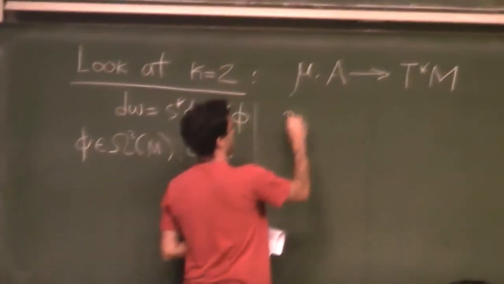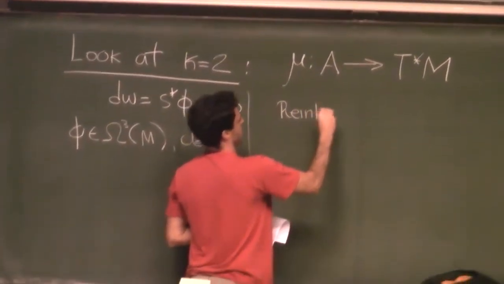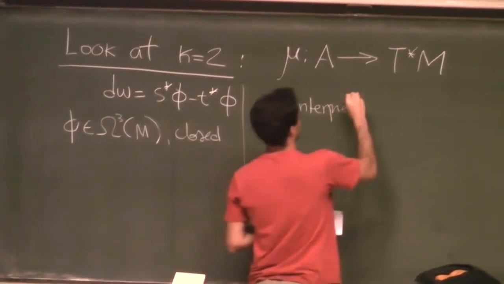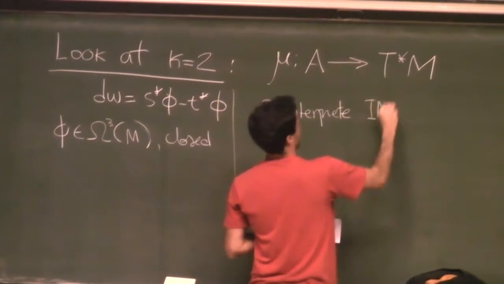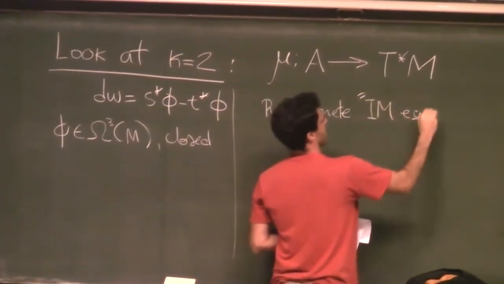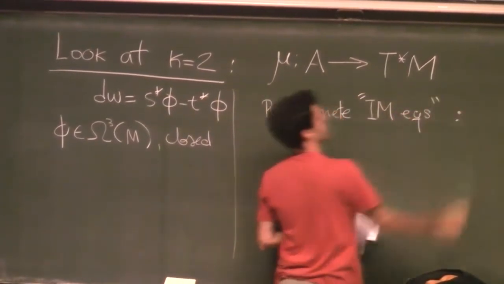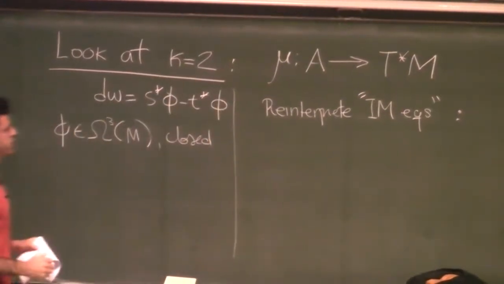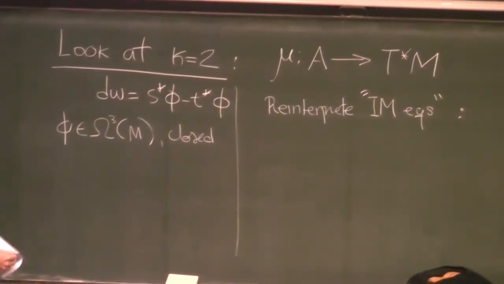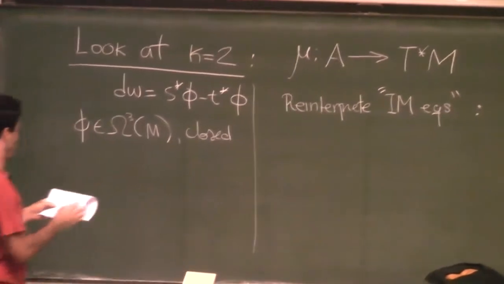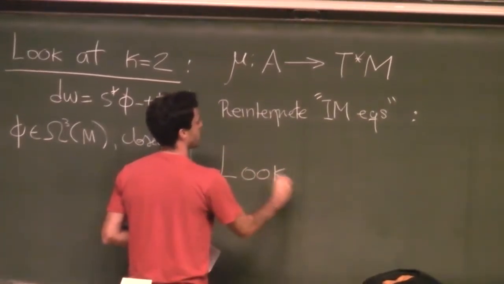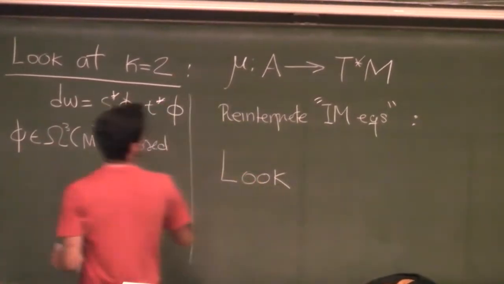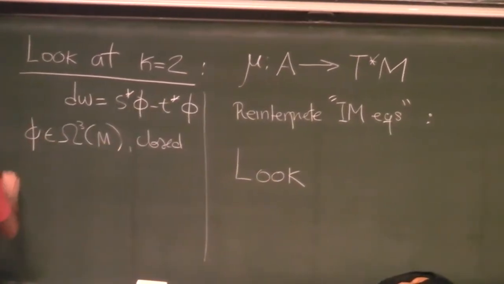So let's look at these IM equations, these equations that this map satisfies. To do that, let's look at the map, right? So we have this Lie algebroid around.